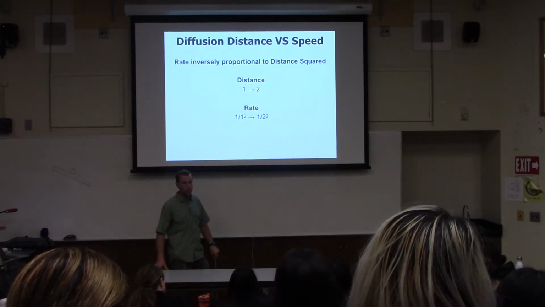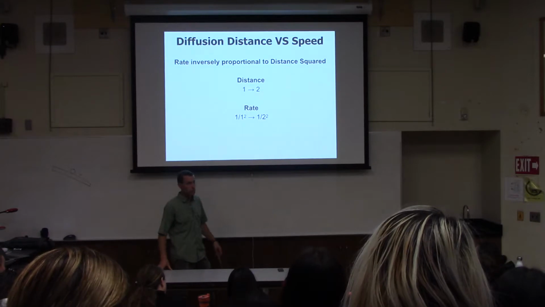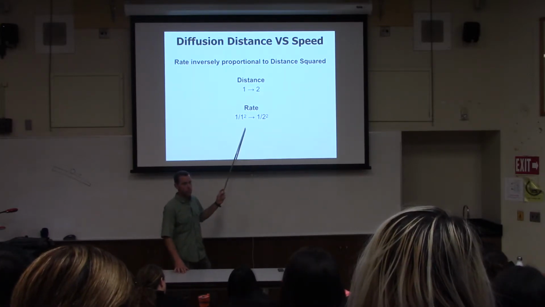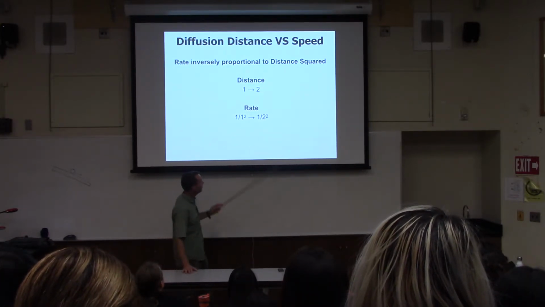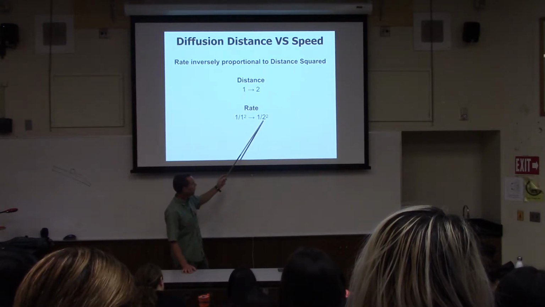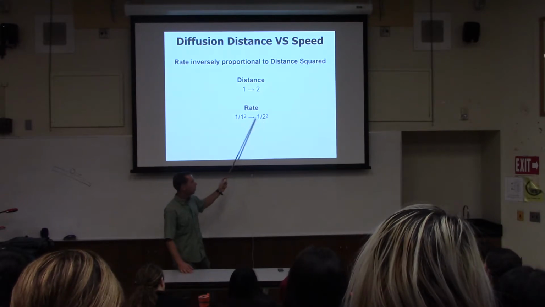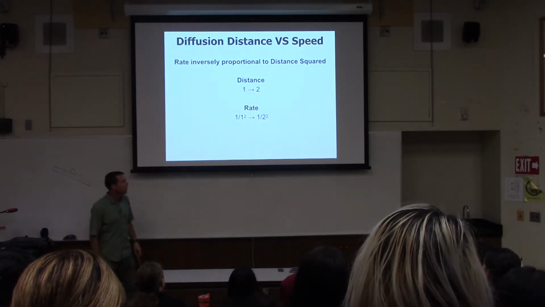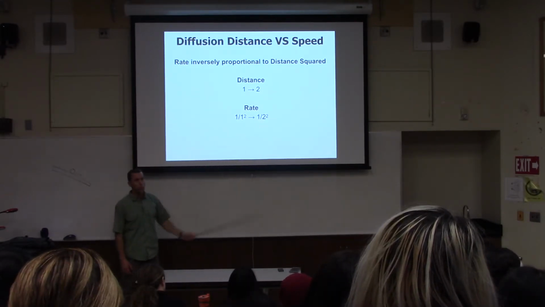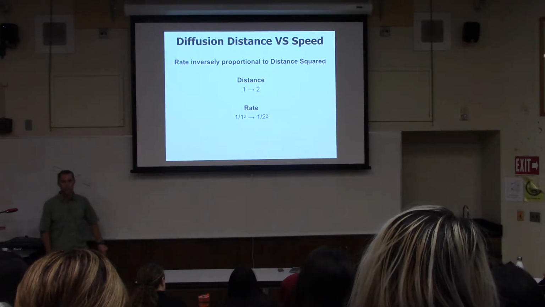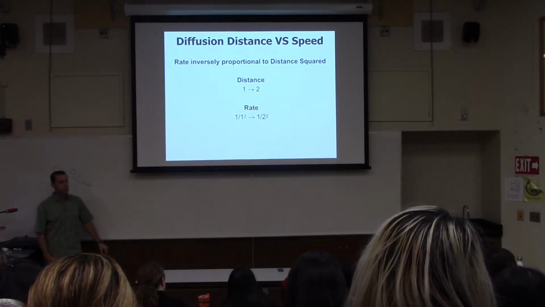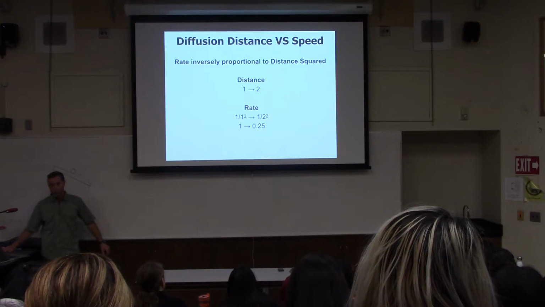What's 1 squared? 1, good job. 1 over 1 is 1. See how easy the math is in this class? All right, 1 over 2 squared, so remember we doubled the distance. 2 squared is 4. 1 over 4 is a quarter, 0.25. So the rate went from 1 down to a quarter of the original rate. You doubled the distance, and the rate went down to a quarter. So it's a lot slower.